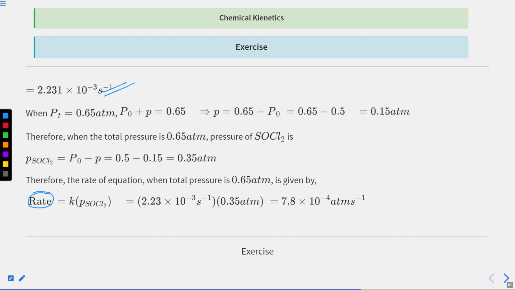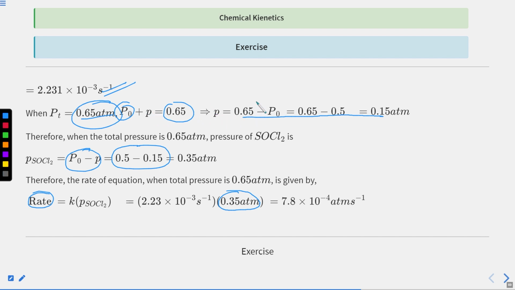So this is our K value, and we have to calculate when the total pressure is 0.65. Therefore, our pressure of SO2Cl2 would be P naught minus p, which is 0.5 minus 0.15, coming from here. You can see the calculation. We know that PT is given as 0.65. P naught is 0.5, as we have seen.